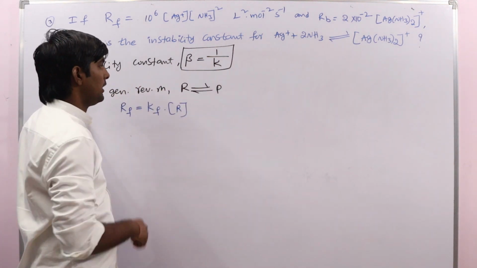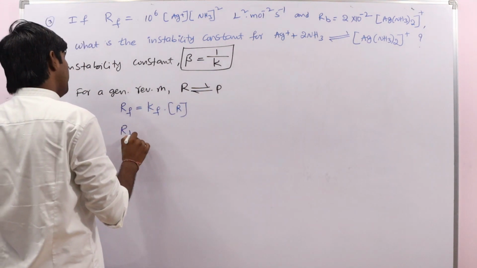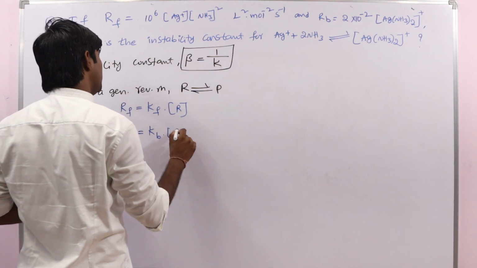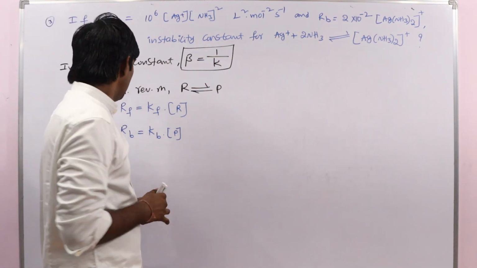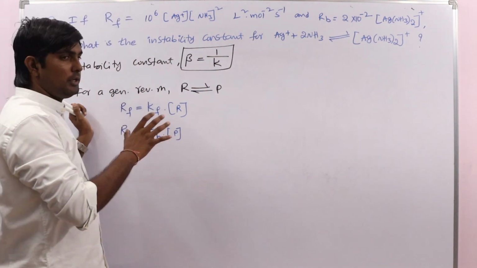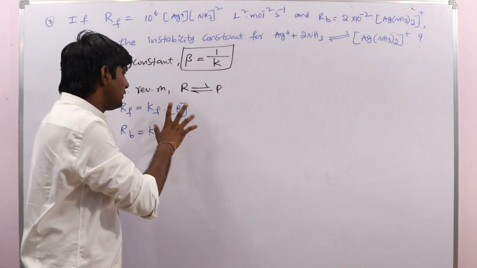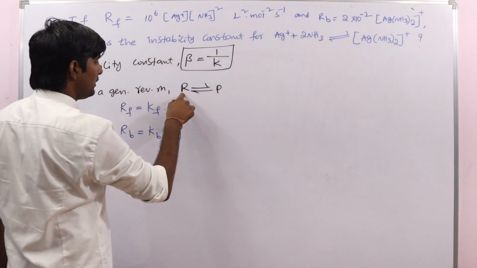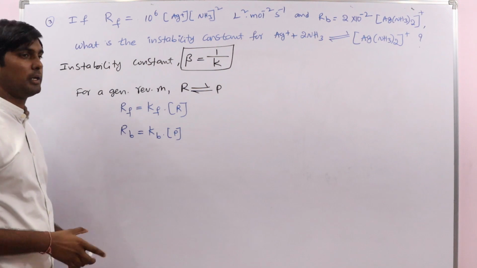In the forward reaction R is the reactant, in the backward reaction the product is the reactant.